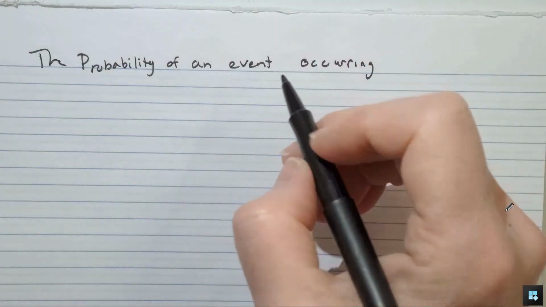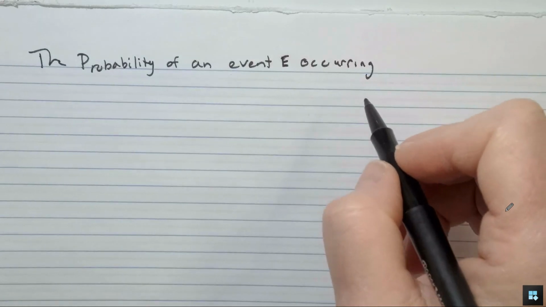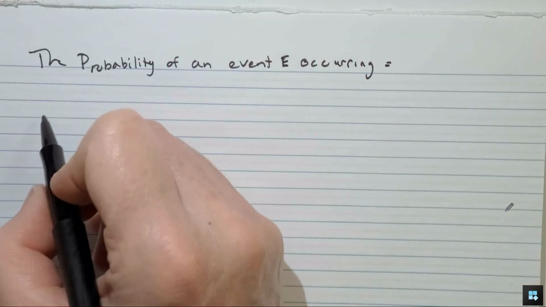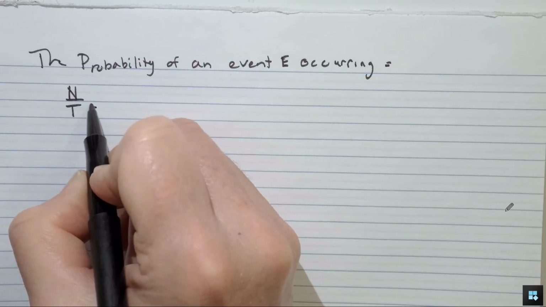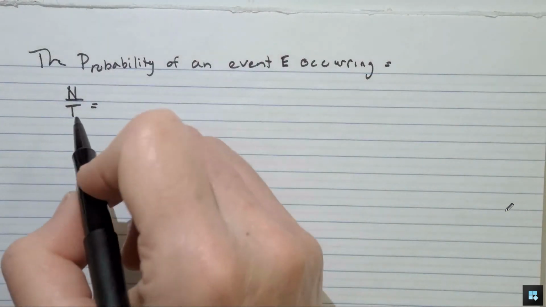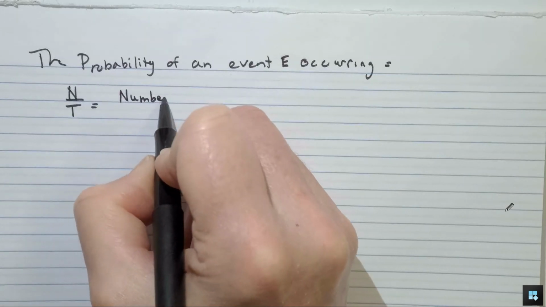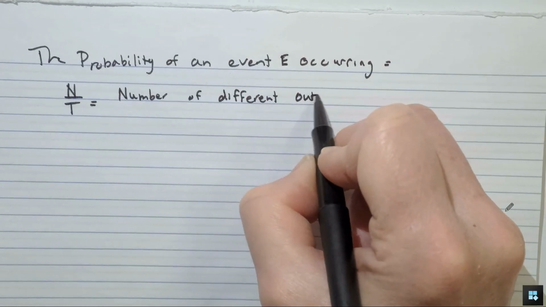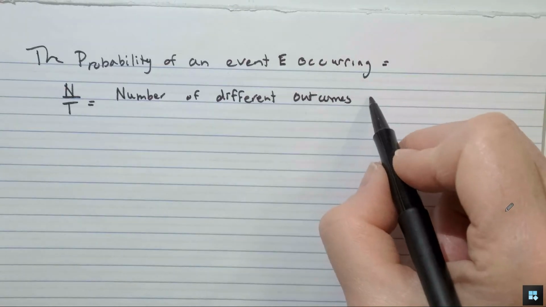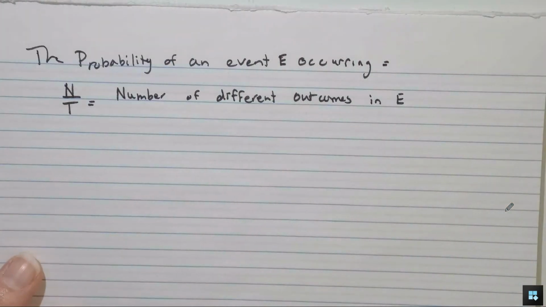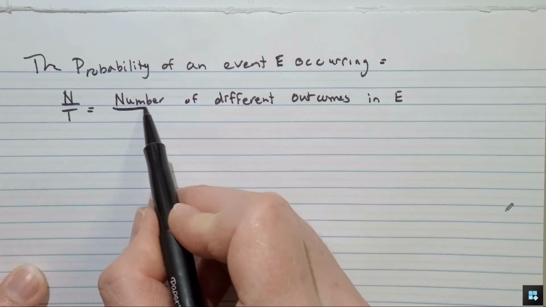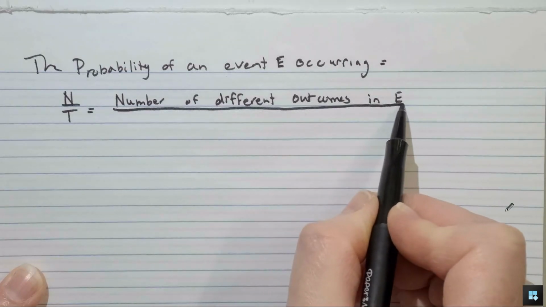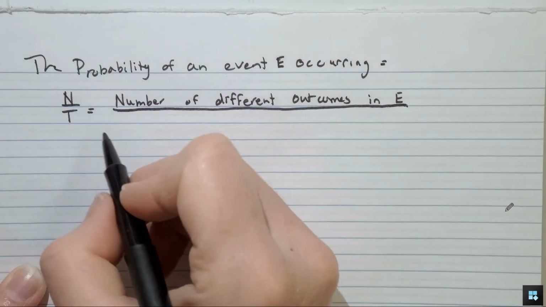The probability of an event E occurring equals N divided by T, where N is the number of different outcomes in E, the event. And T is the total number of equally likely outcomes.